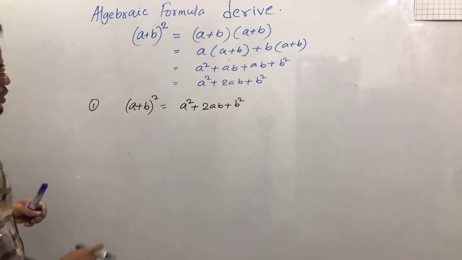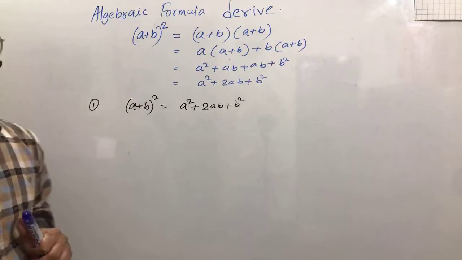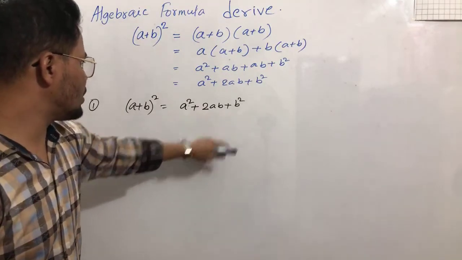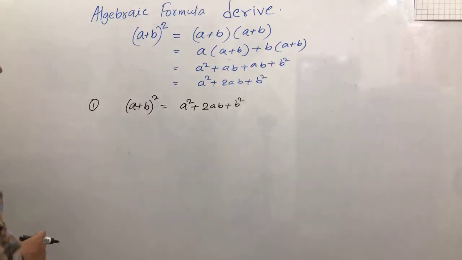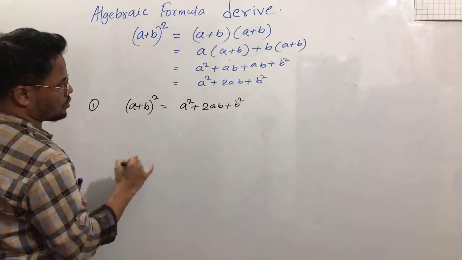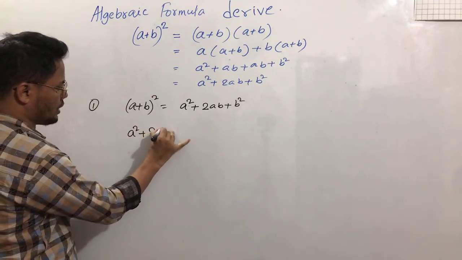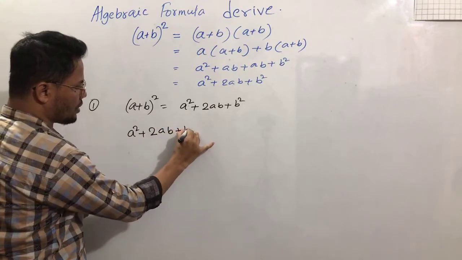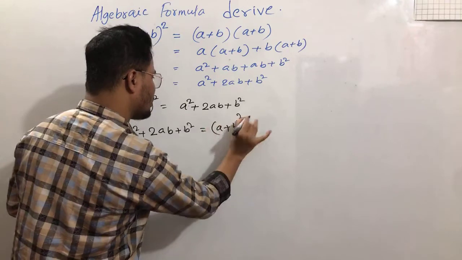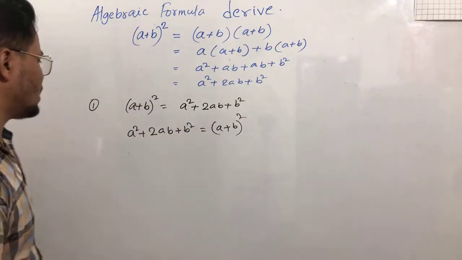So now if we shift a square and b square to the other side, what will happen here? We can write a square plus twice ab plus b square is the result of a plus b whole square, just the left side in the right side and the right side in the left side.